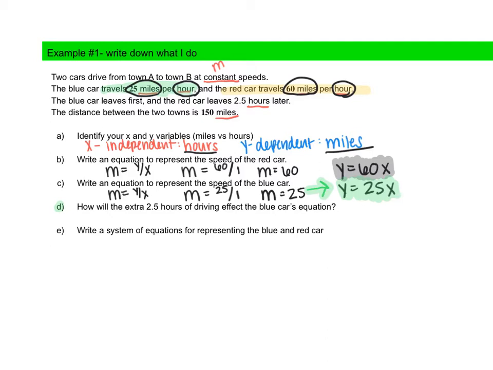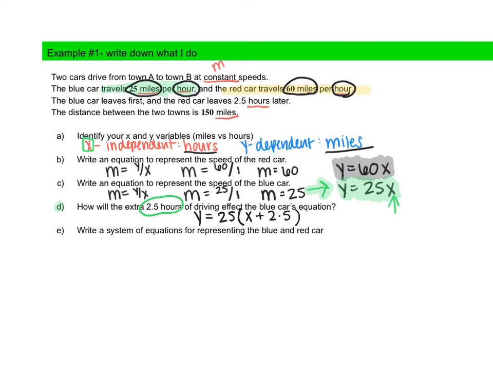So if I'm thinking about my hours and I'm adding 2.5 hours, remember that this is my x. So I'm going to be adding 2.5 to this x. My equation is going to change a little bit. It's going to say y equals 25, and instead of saying x, I'm going to be adding 2.5 hours to that x. Okay? So how did that affect my equation?